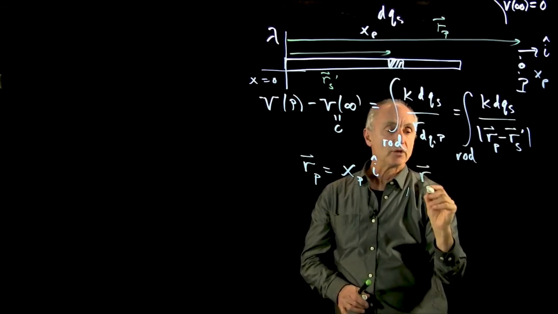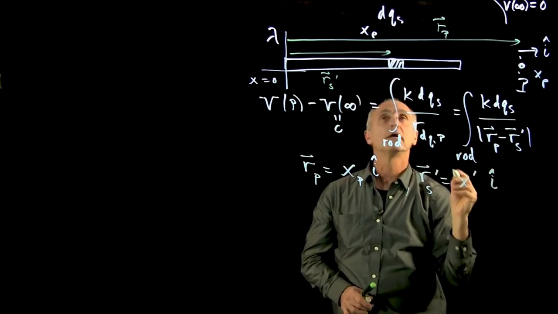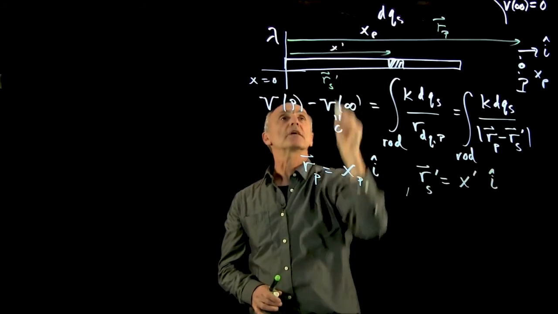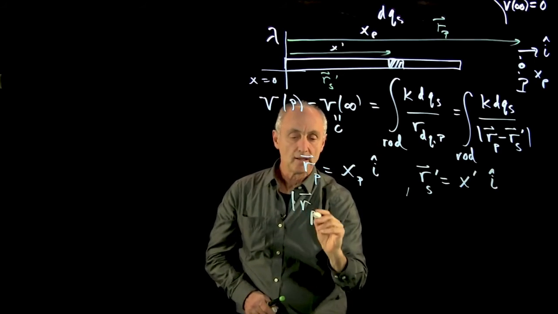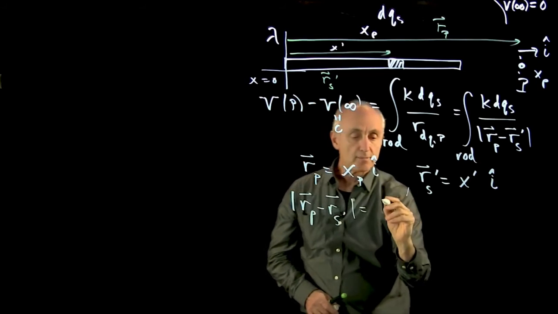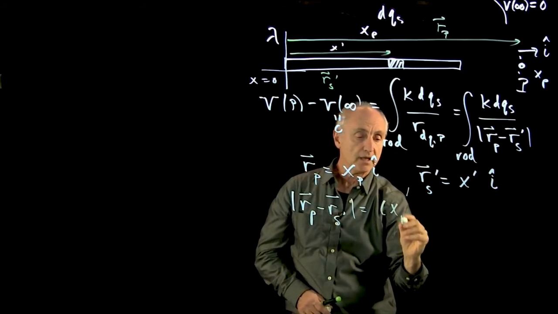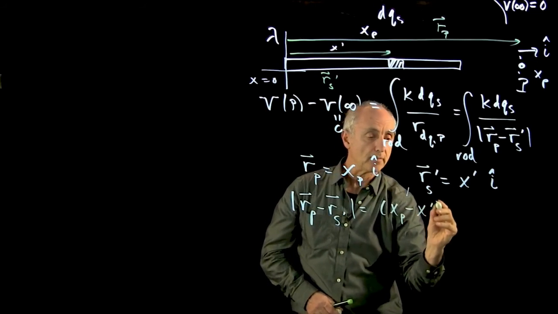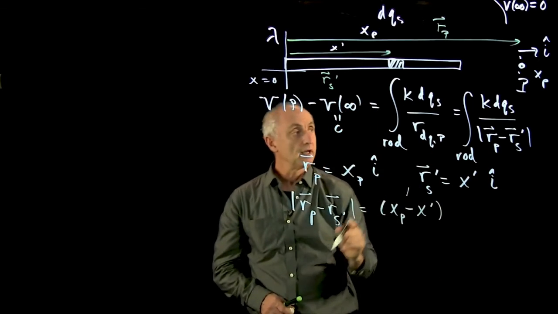My integration variable, I'm going to write as x prime i hat, where this distance is x prime. And so the magnitude of r_P minus r_s is just x_P minus x prime. And so that's how I've expressed the denominator.